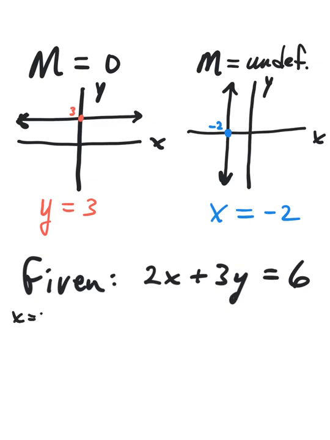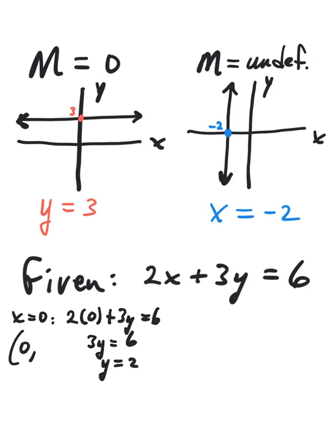If you let x be 0, 2 times 0 plus 3y equals 6 will give you a y value of 2. This tells us that the graph will cross at the point 0, 2.